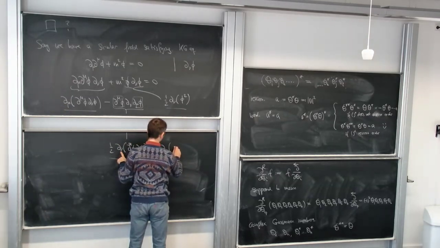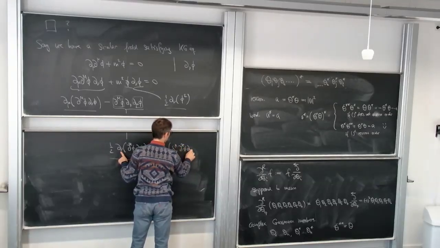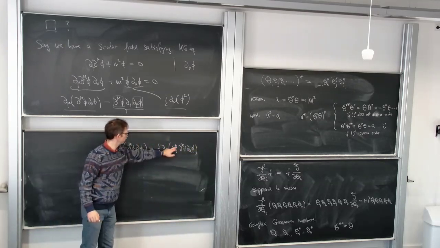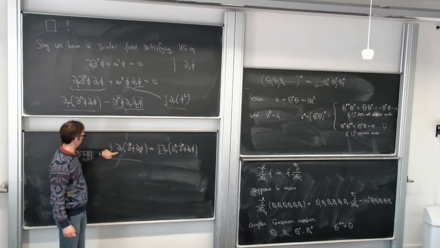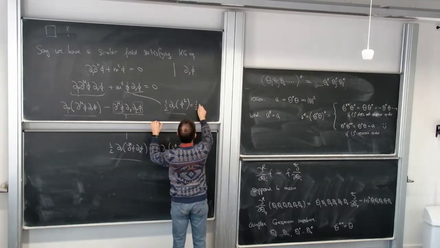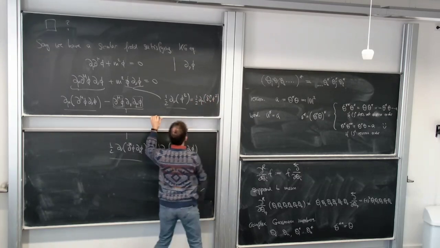So I put a delta mu in there, and suddenly it works. The delta, that's this mu to mu, and that's what it's supposed to be. And here the same. So this is 1/2 d mu delta mu phi squared.